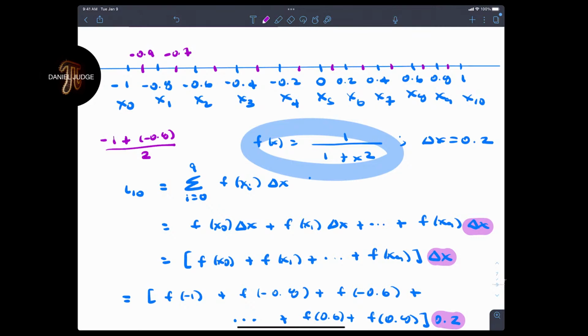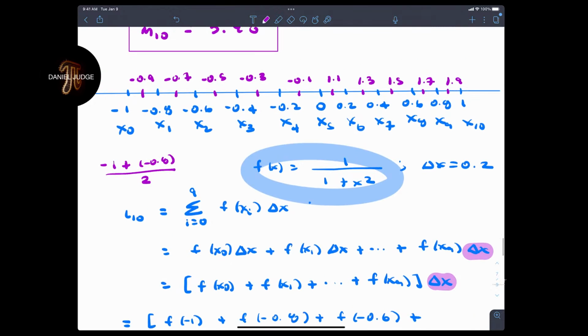And I could keep adding that 0.2. So it's -0.5, -0.3, -0.1, then you get 1.1, 1.3, 1.5, 1.7, you get 1.9.